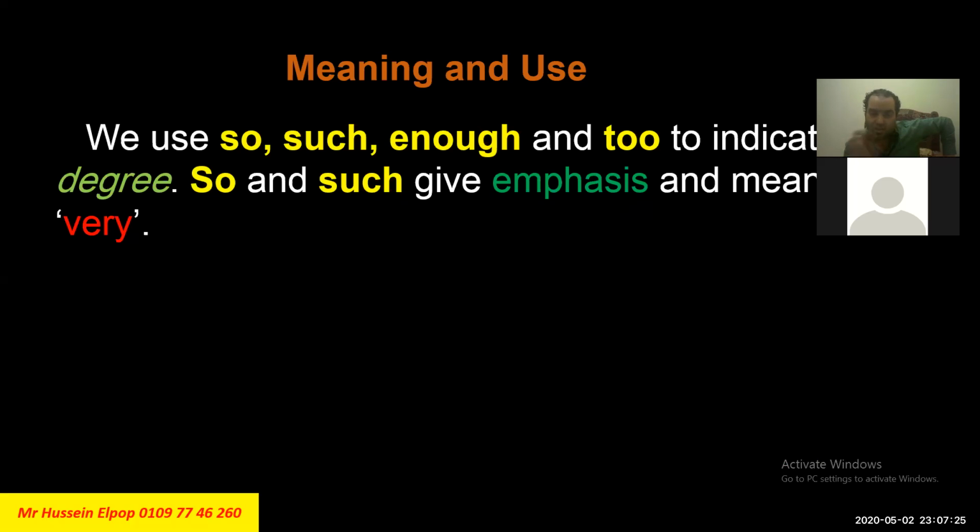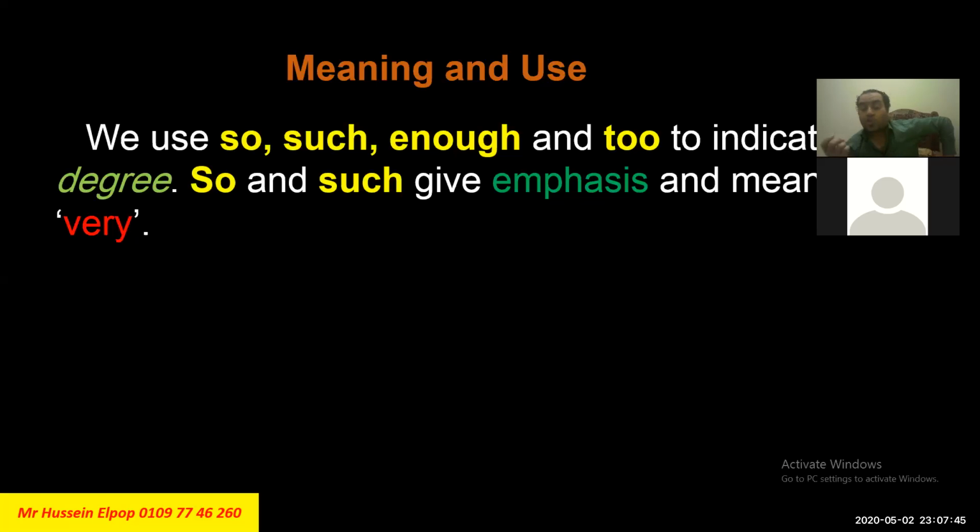So so and such, even enough and too, indicate the degree of something. That's why they are called intensifiers, from the word intensify or intense. You know the word intense, right? Which means too much of something.